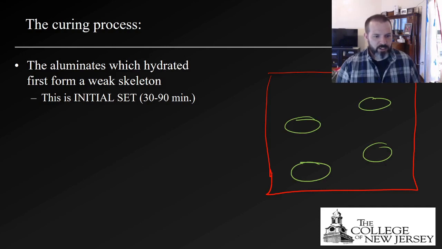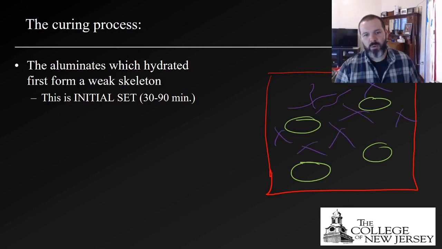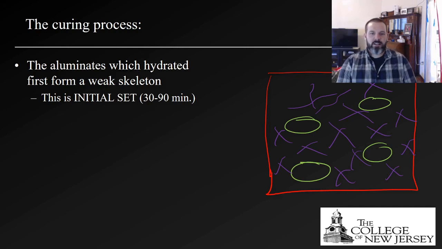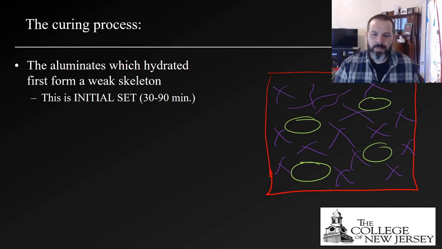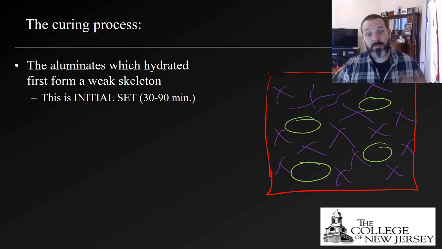The hydrates start forming a weak skeleton. So there'll be hydrates forming between these particles, and they create a weak skeleton, which gives you your initial set. And this initial set happens somewhere between 30 and 90 minutes of pouring the concrete.